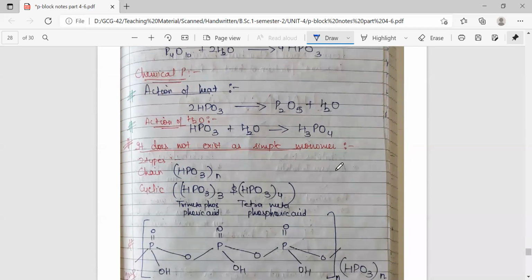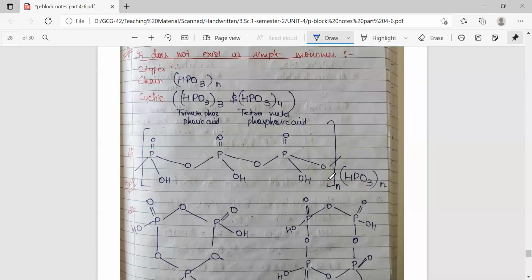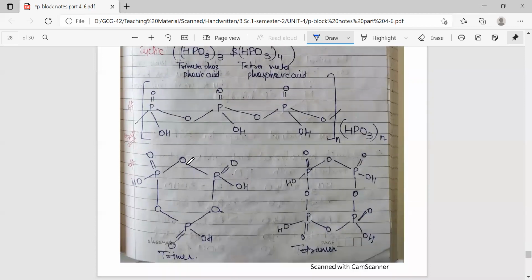Now, this metaphosphoric acid exists in the form of a chain type structure or cyclic type structure. 3 units are attached in the chain. Here the chain is infinite, and it occurs as trimer and tetramer in the cyclic form. So this is the chain type structure, and this is the structure for trimer, and this is the structure for tetramer.